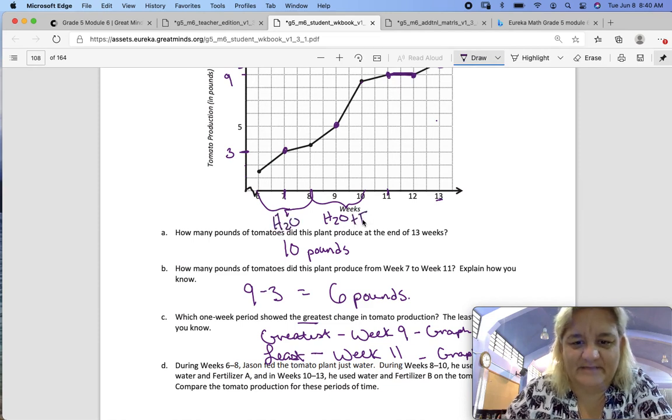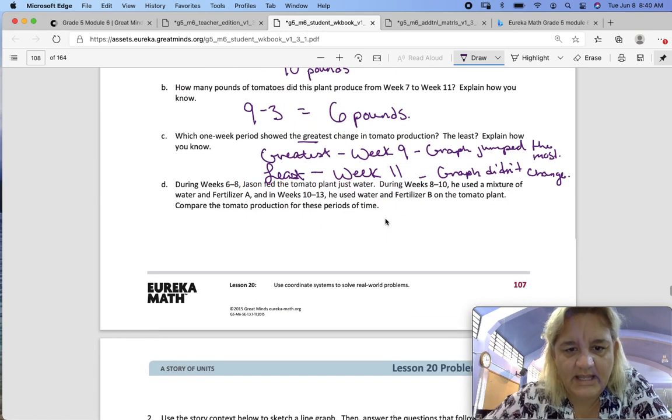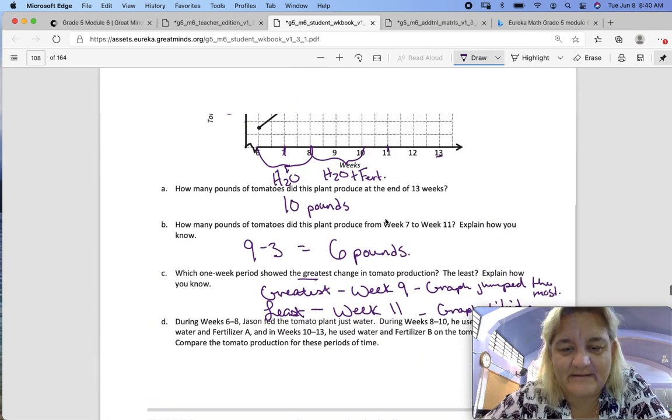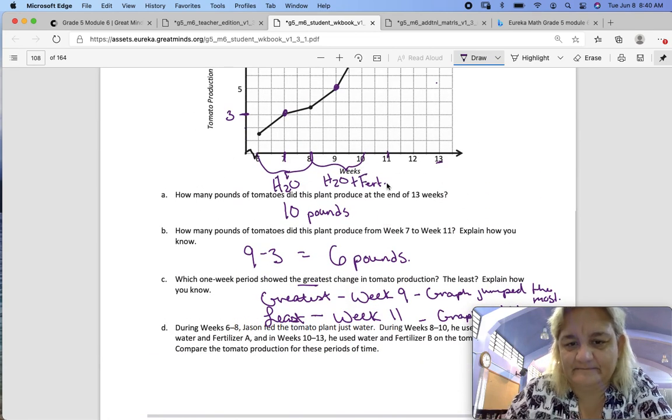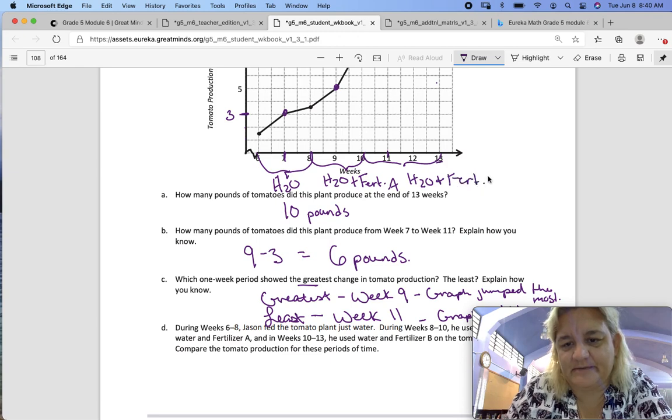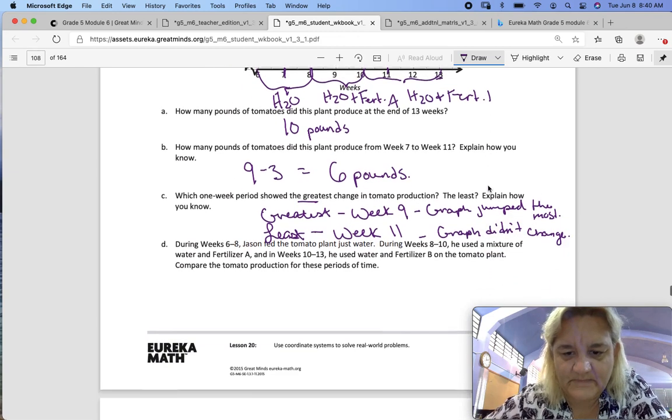Plus fertilizer. I'm just going to put fert. And from weeks 10 through 13, he used water and fertilizer B. So fert A here, and here, water and fertilizer B.